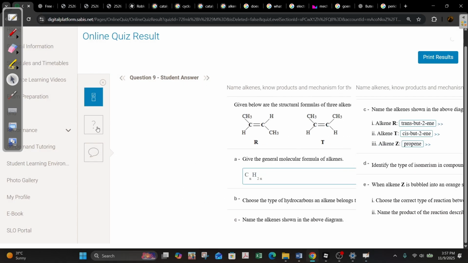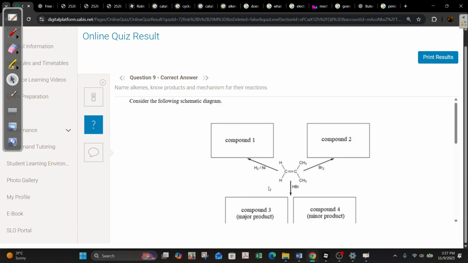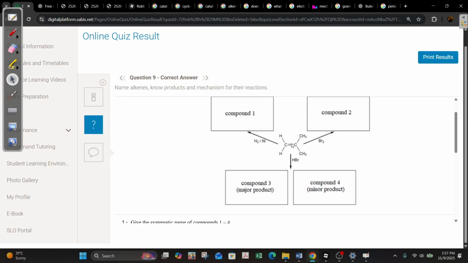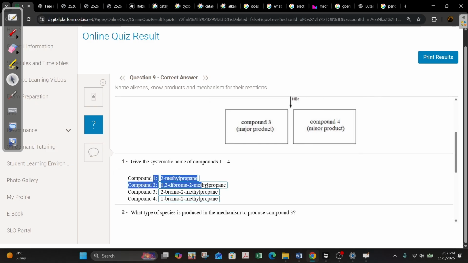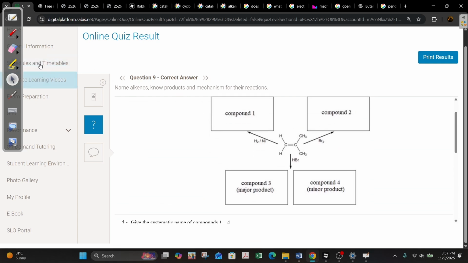Question 9. So it's a pretty big question. Let's do this. Okay. First for this question, we must give the systematic name of the compounds 1, 2, 4. So what compound do we have here?